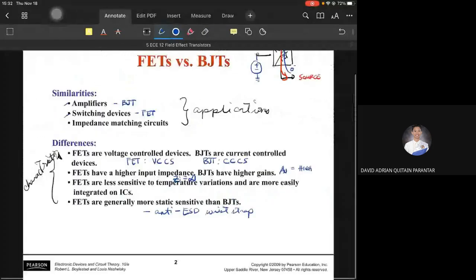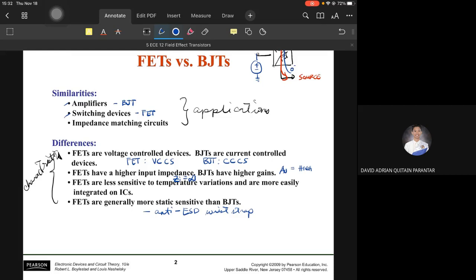Okay. So, generally, those are the similarities and differences, a bird's eye view of them. Because, technically, FET and BJT are totally different.